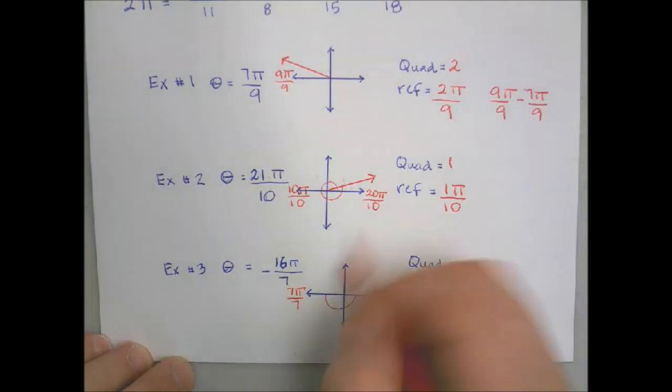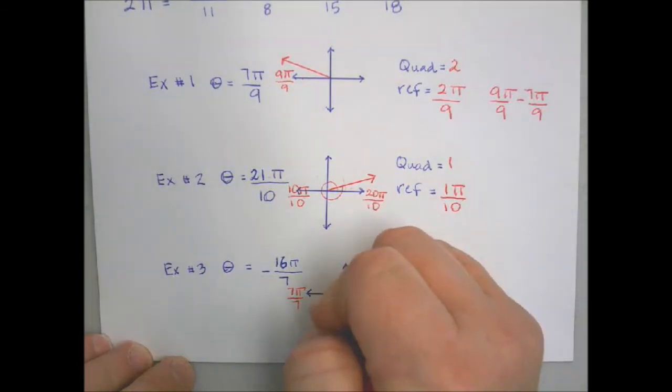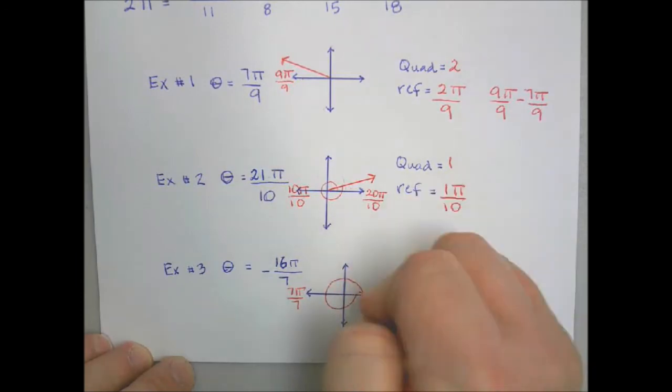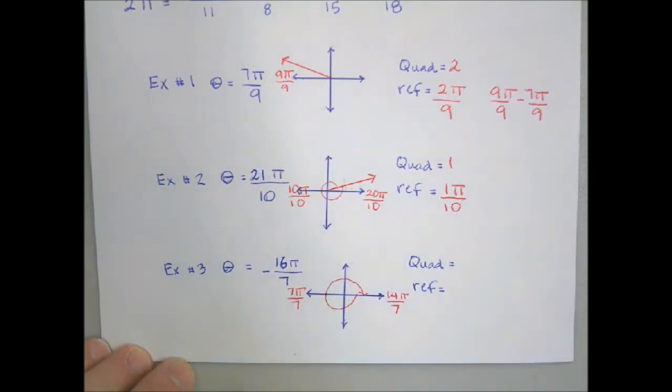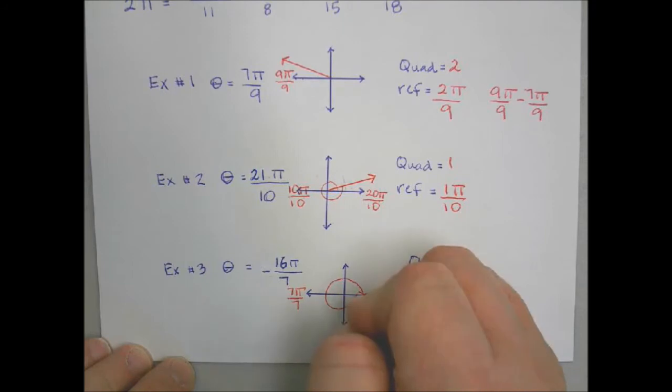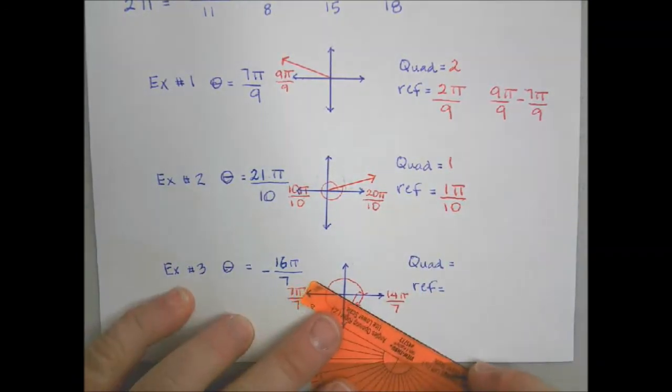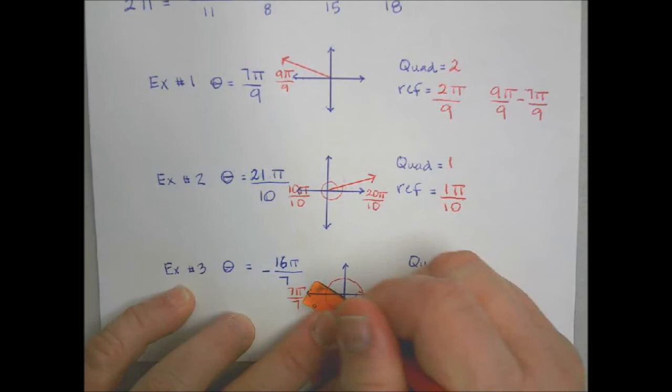Now, we're going to make it all the way around, because we're going to get to 14 pi over 7. But then we're going to go a little bit more. We're going to go 2 pi over 7 more. And that's where we're going to end up. So that's my terminating ray right there.